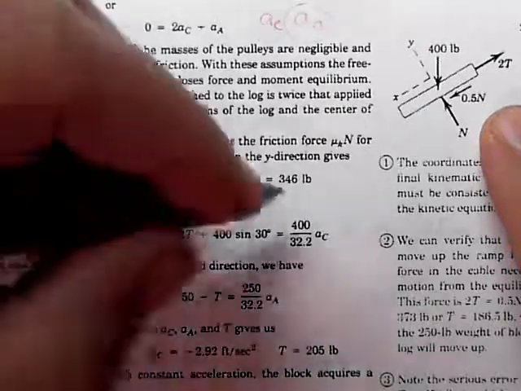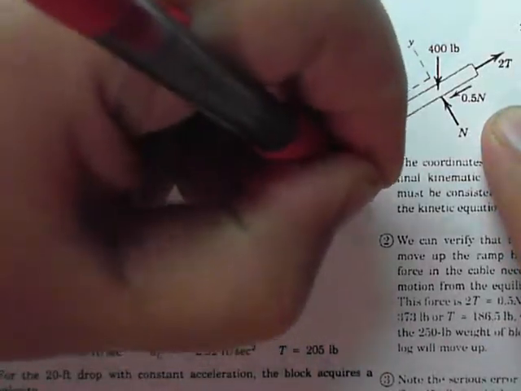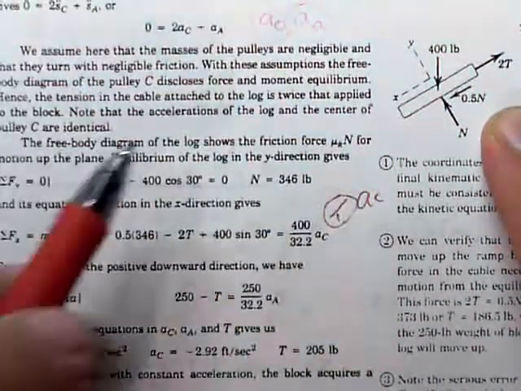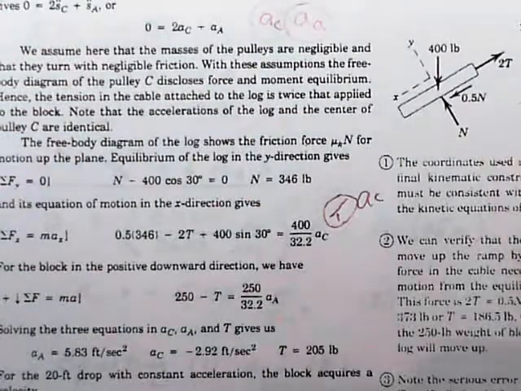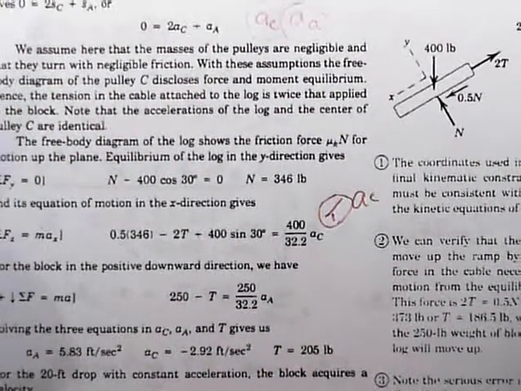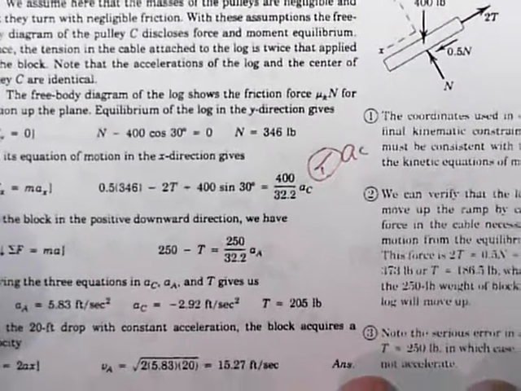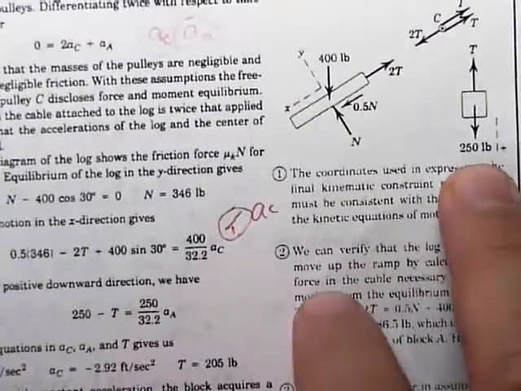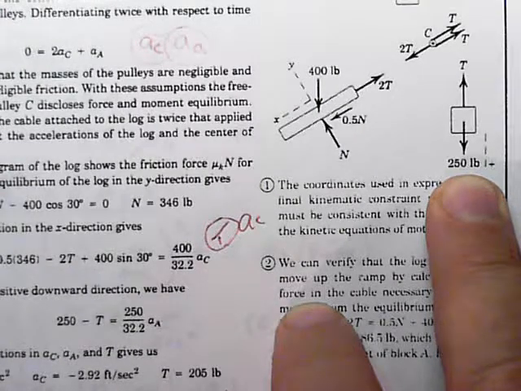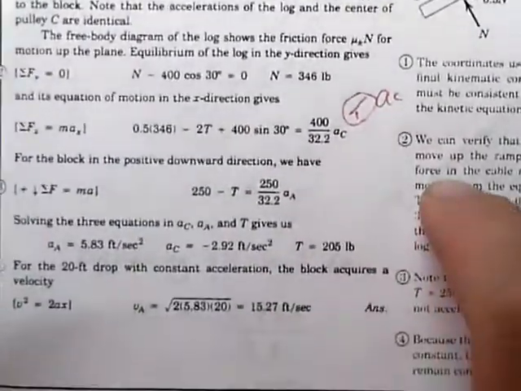This equation has 2 unknowns, tension and the acceleration of C. Tension is new. Acceleration of C we had previously, but we are at 3 unknowns at this point with 2 equations, so we are going to need another equation. And so we turn to our block and write sum of forces in the y direction, where y is positive downward, equal mass times acceleration.